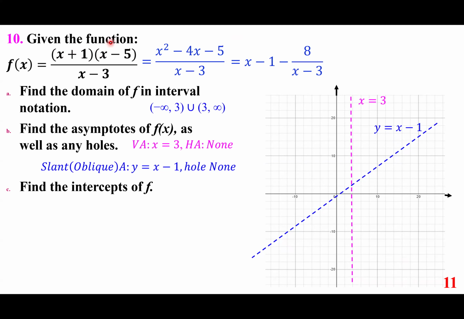That means minus 1, comma 0, and 5, comma 0. So n over d, n equal to 0 when you want to find the x-intercepts, the numerator is 0. And with that being the case, this gives you negative 1 again, negative 1, 0. This gives you 5, 5, 0. And so you locate those, negative 1, 0, 5, 0.